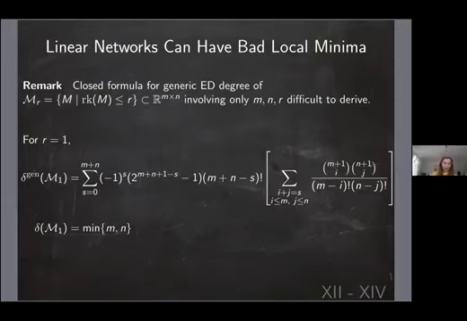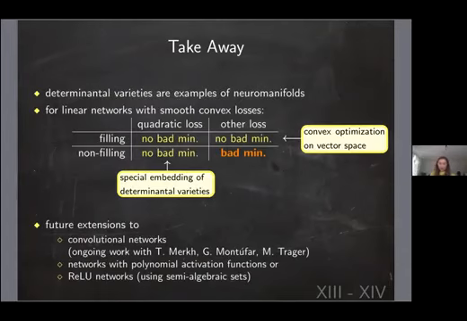This complicated formula was for the perturbed quadratic loss, and the easy formula for the unperturbed quadratic loss is just the Eckart-Young theorem. So there's lots of stuff to do from the algebraic perspective. And with that, I want to stop. I'm not sure, maybe I was on time.